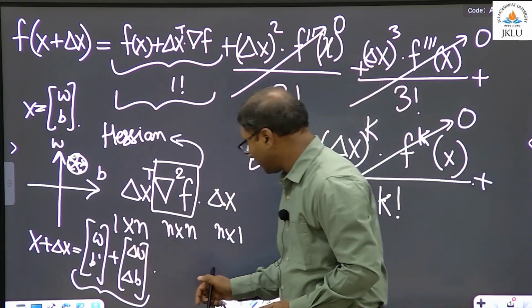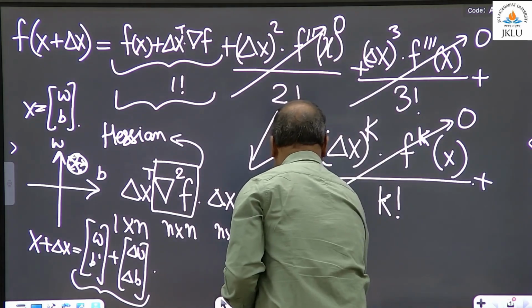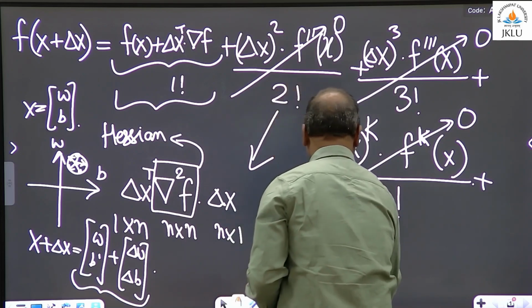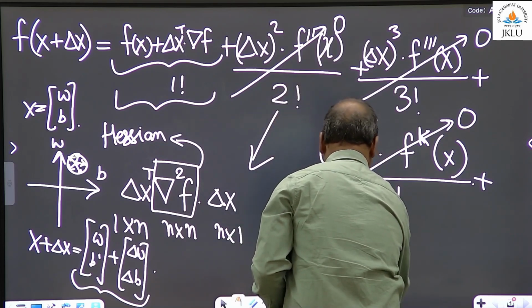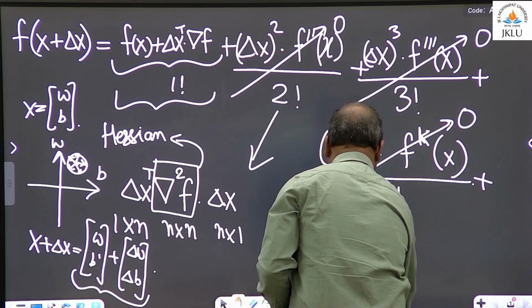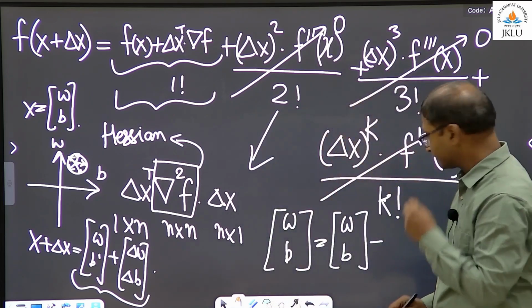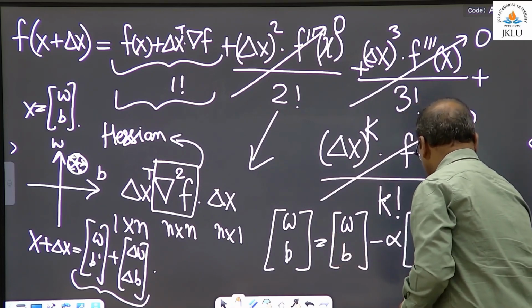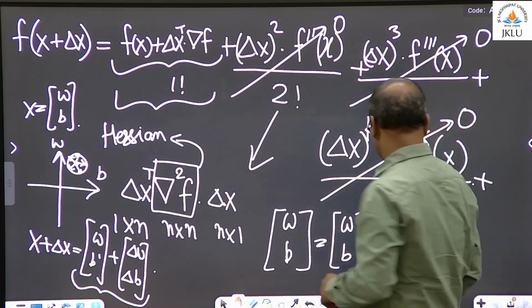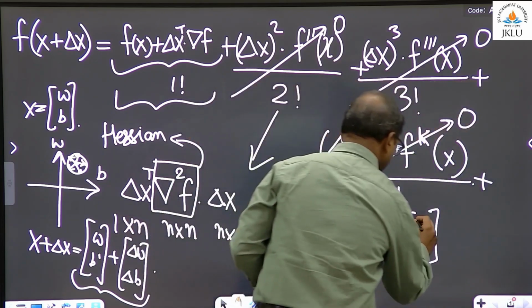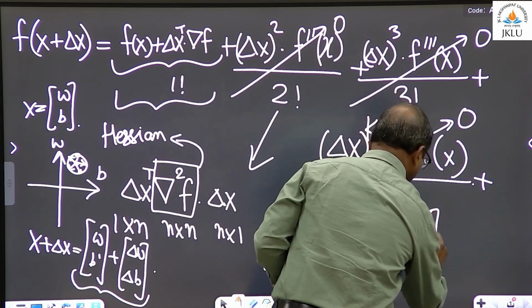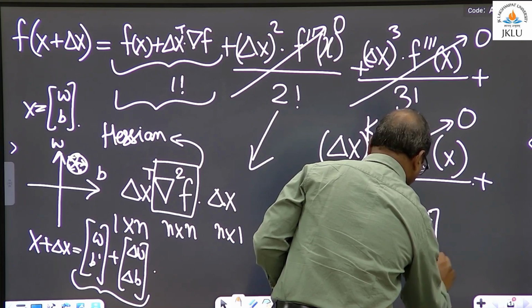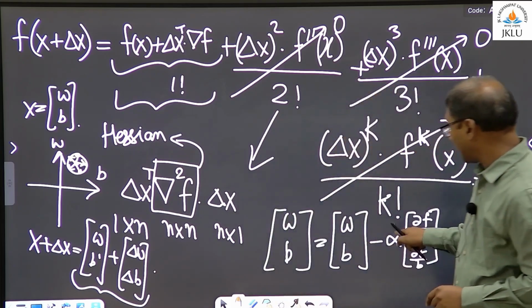So my wb will become wb minus alpha times this guy, which becomes del f by del w and del f by del b. Why alpha?